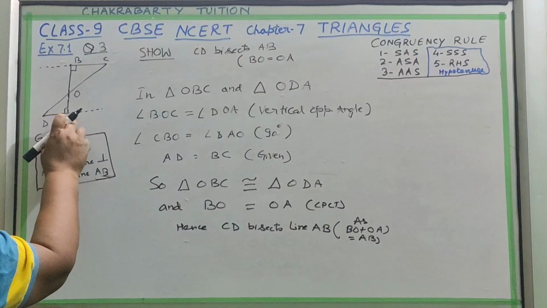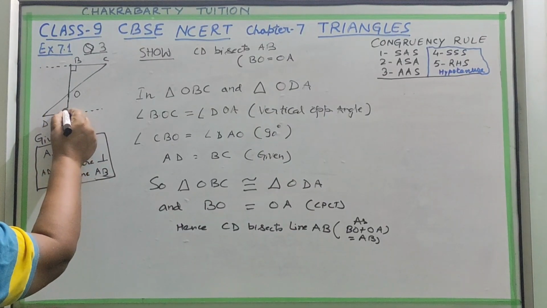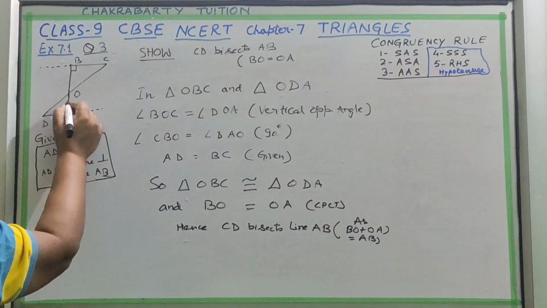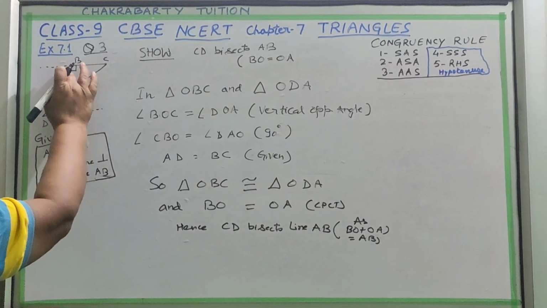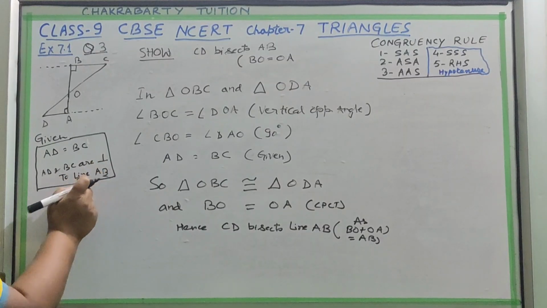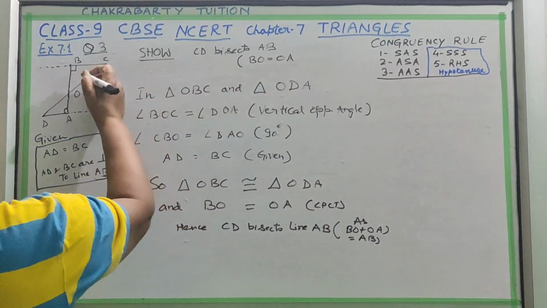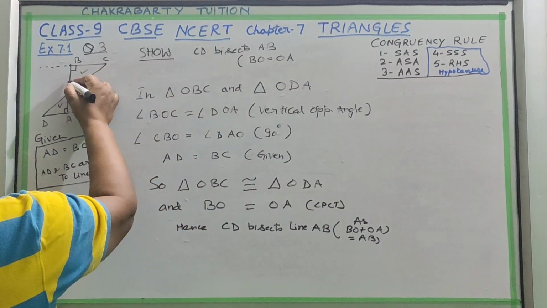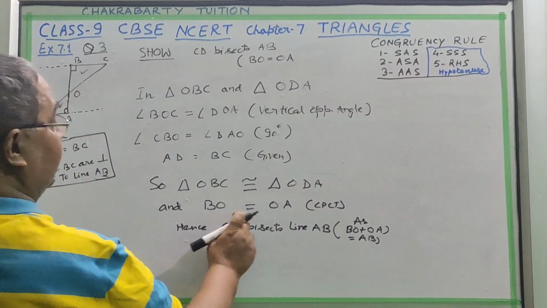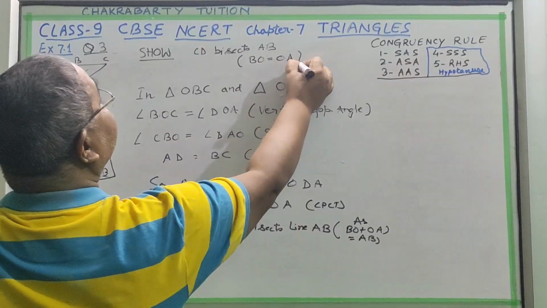When any line is perpendicular, it makes a 90-degree angle on the base. So a 90-degree angle will be created because they are perpendicular to line AB. Now we are taking this triangle and this triangle, because we have to prove BO and OA are equal.